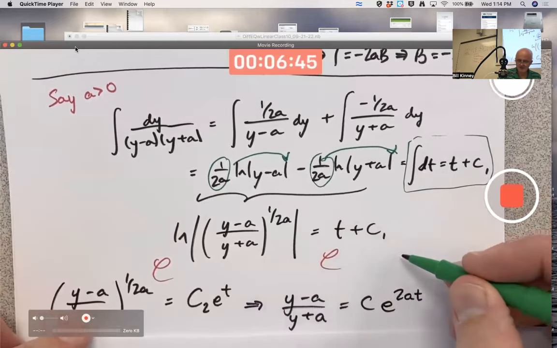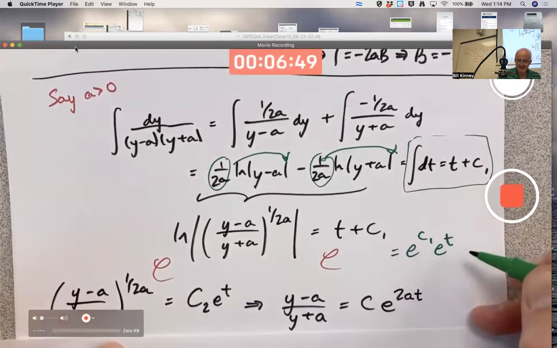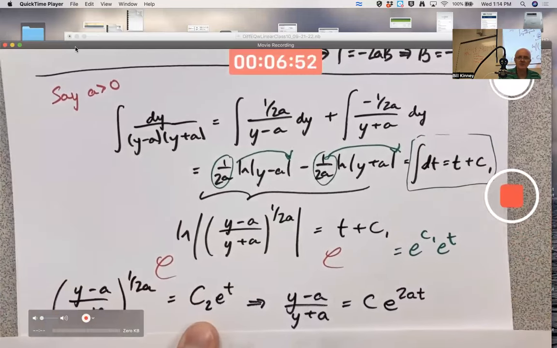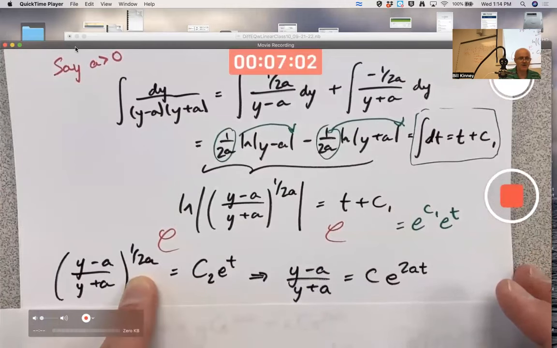And over here, I use a property of exponents that says this. And e to the c1 I called c2, or effectively plus or minus c2, if I allow c2 to be negative. That exponent 1 over 2a is not so nice looking. Well, just raise both sides to the 2a power. That gets rid of the 1 over 2a there.